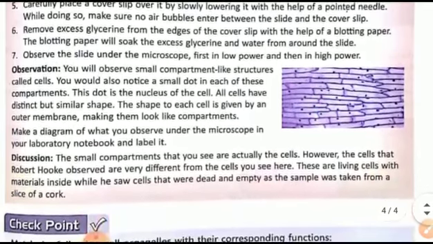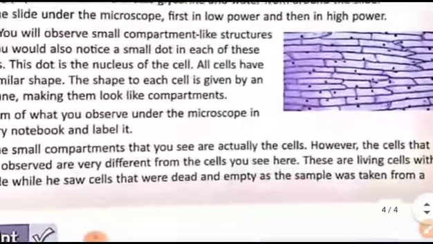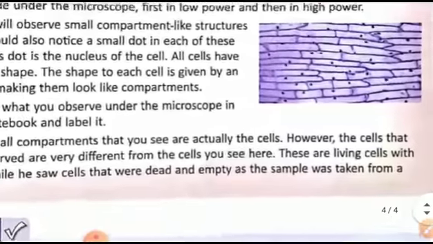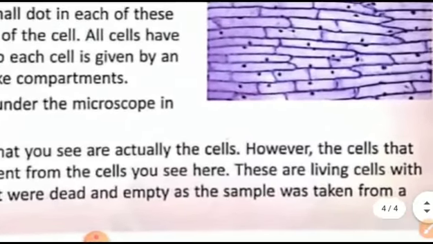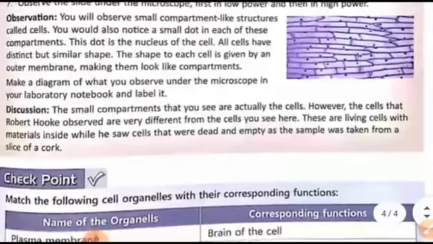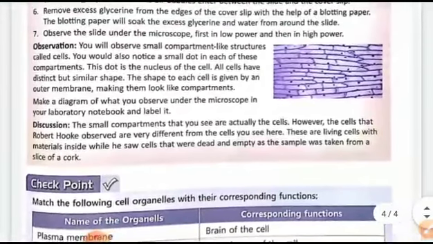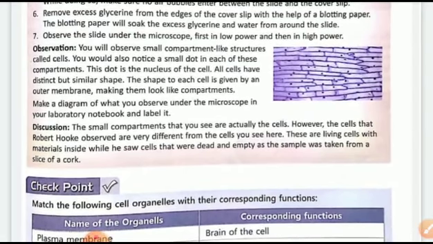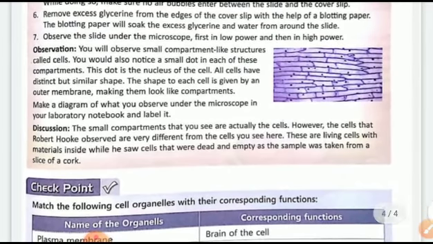You will see first in low power and then in high power. In low power you will see the compartments, whereas in high power you will see a dot-like structure. What is this dot-like structure? The nucleus. You will observe that the small compartment-like structures are called cells, and you will also notice a small dot in the compartment, which is called the nucleus.